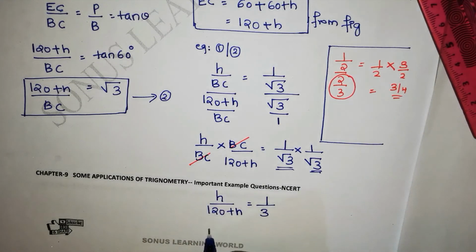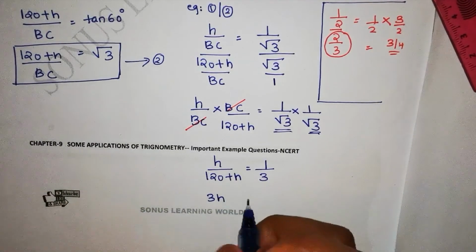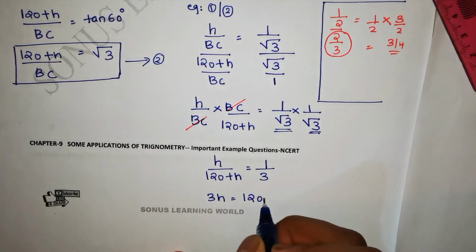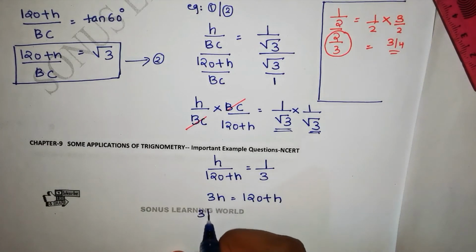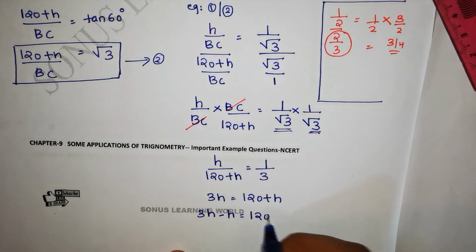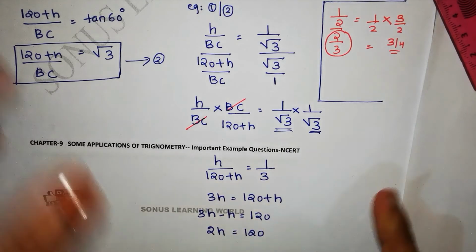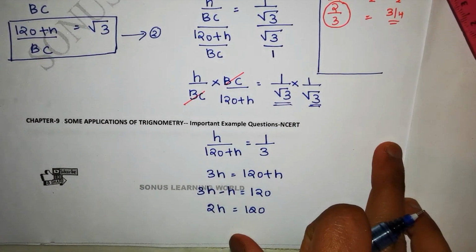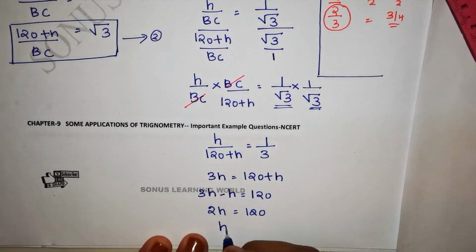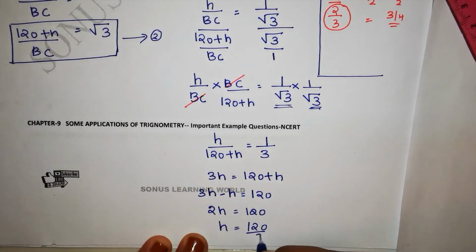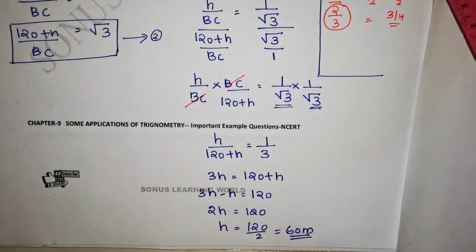I am going to cross multiply. 3H is equal to 120 plus H. So I am taking this H to the left hand side. 3H minus H is equal to 120. So 3H minus H is 2H is equal to 120. If 2H is equal to 120, what is the value of H? H is equal to 120 by 2, that is 60 meters.